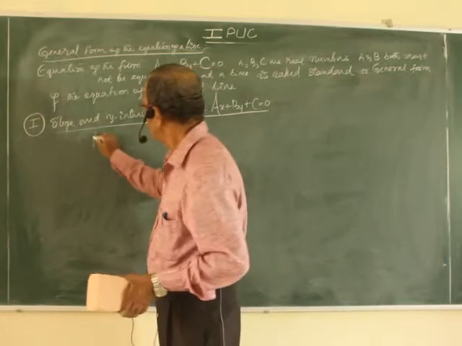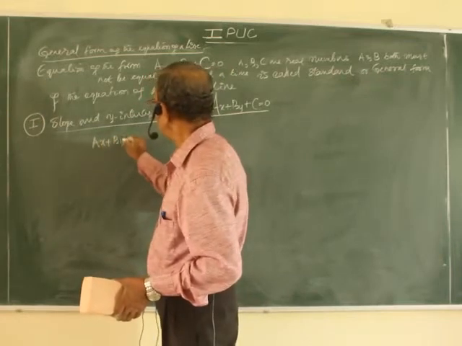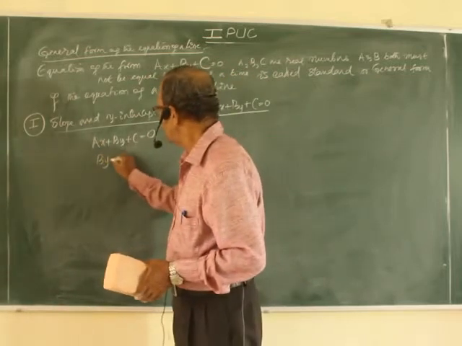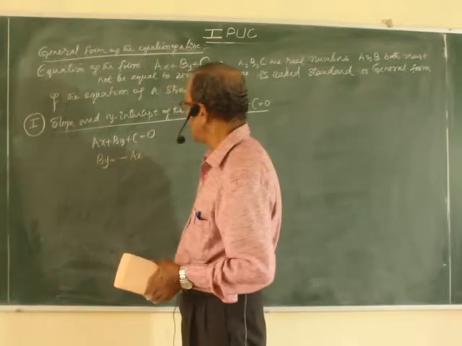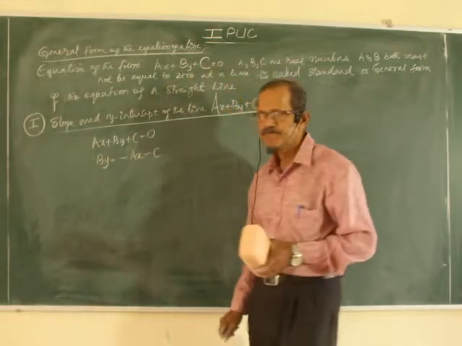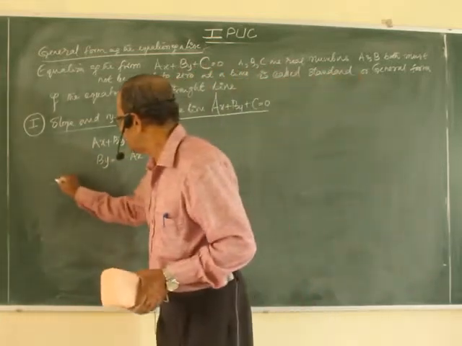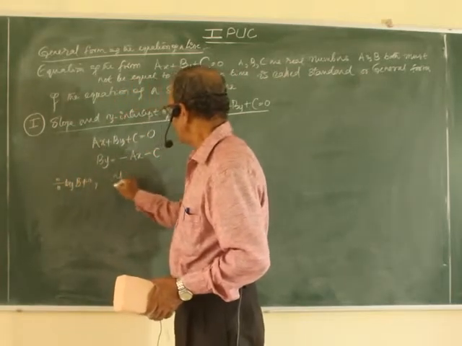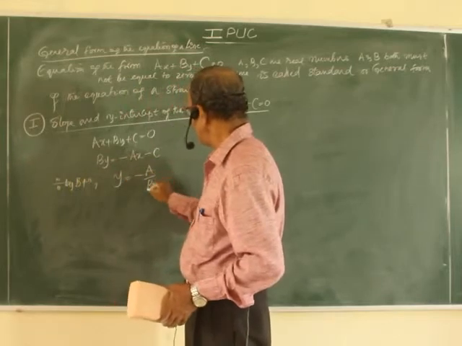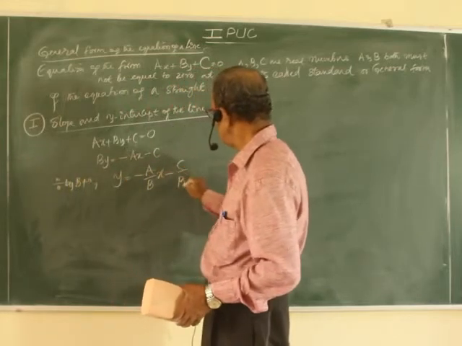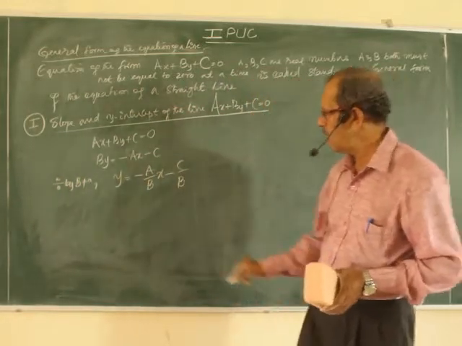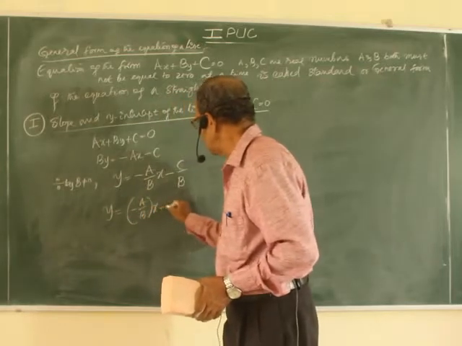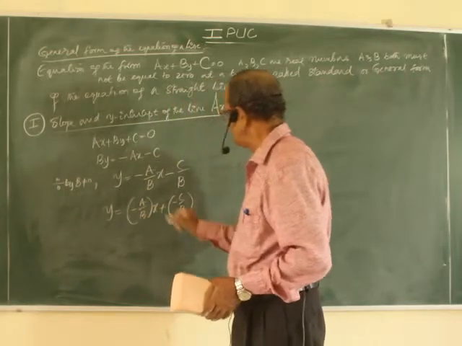How to find that? ax plus by plus c equal to 0. By equal to minus ax minus c. Divide by b, not equal to 0. y equal to minus a by b x minus c by b.